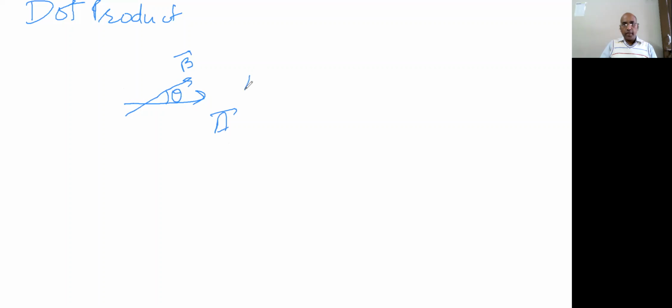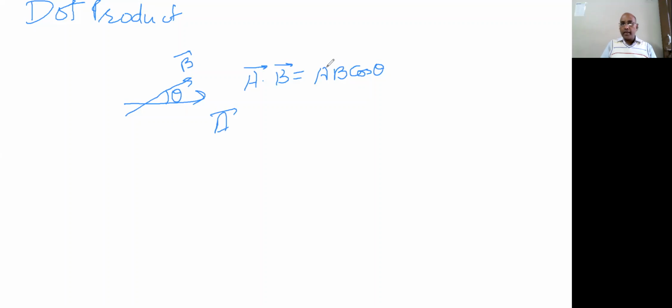So dot product, you all know what the dot product is. Vector A dot B will be equal to magnitude of vector A, magnitude of vector B, and cos of the smaller angle between A and B. This you already discussed.